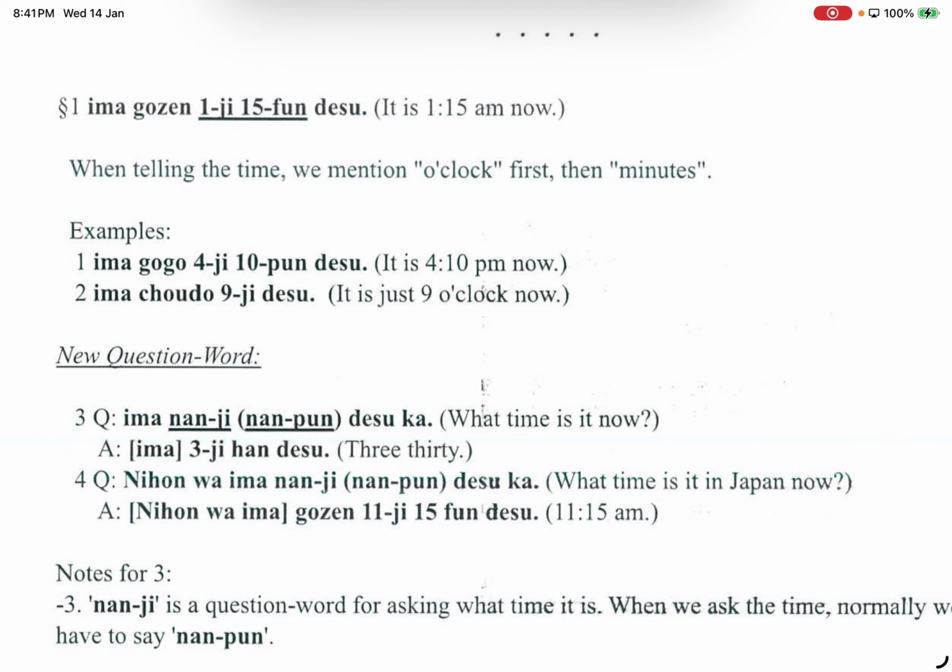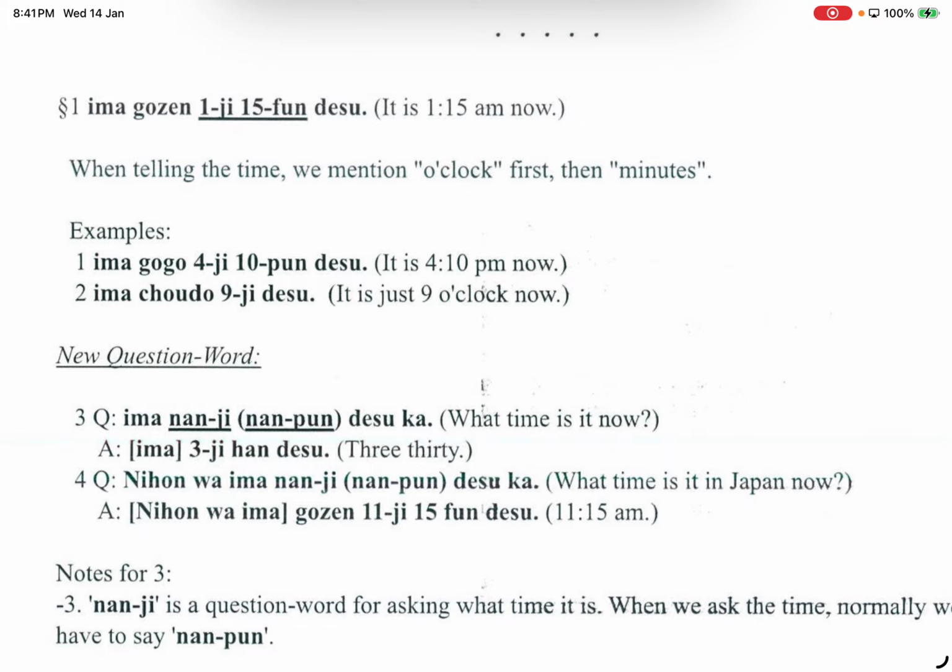If you forget how to pronounce this, it's not yon-ji. Yoji is the alternative reading, Yoji. Then it's not jupun, it's the double P sound.